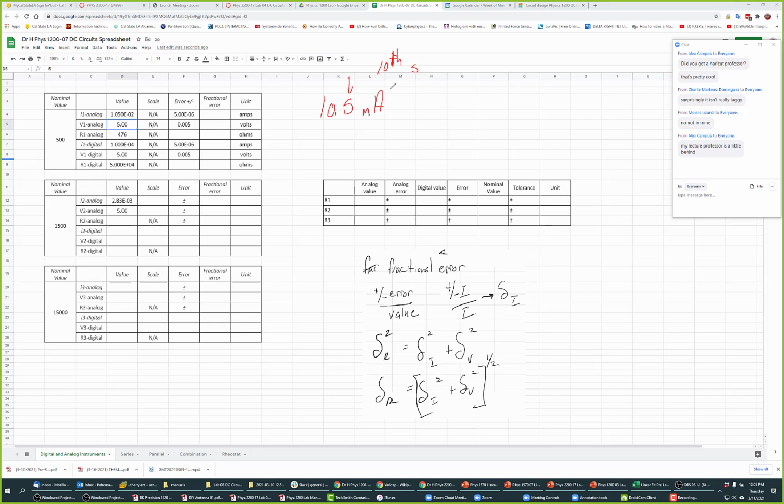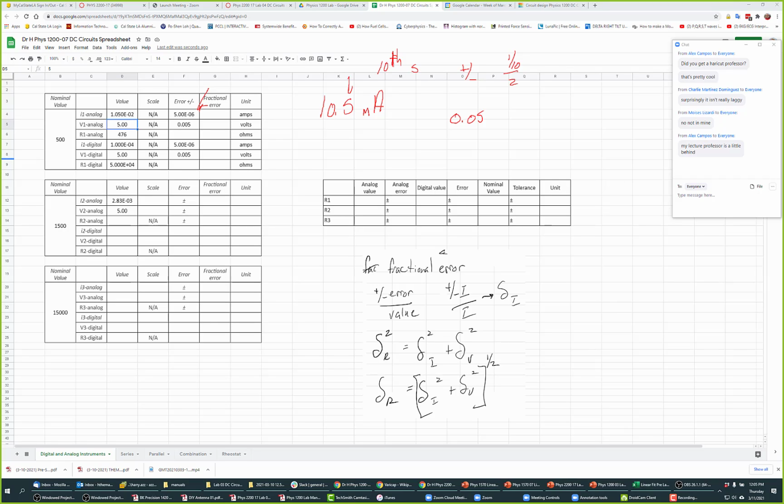So then the plus minus is 1/10 divided by 2, which is 0.05. Somehow I don't know if I believe that, but let's find out.